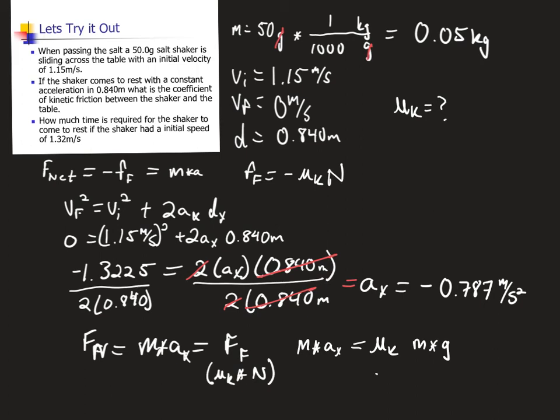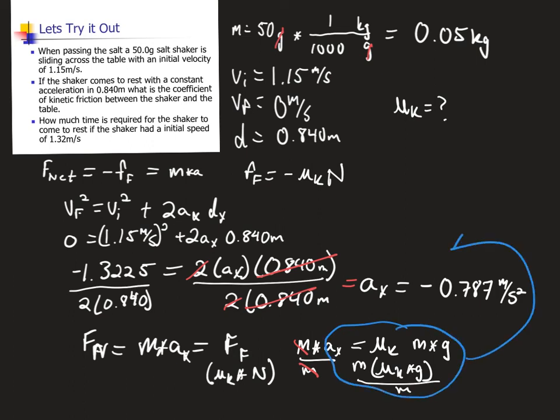We can then say, if I factor out the m, mu sub k times gravity, like so, I then can divide both sides by m. By doing that, I cancel out my mass, and I'll take what I have left and move it up.